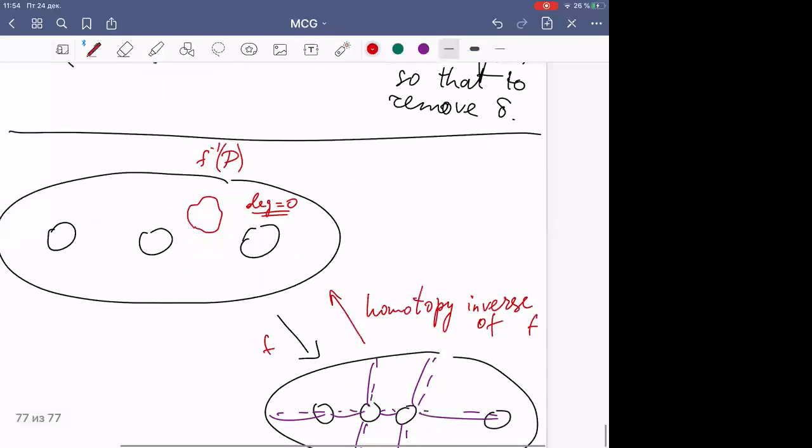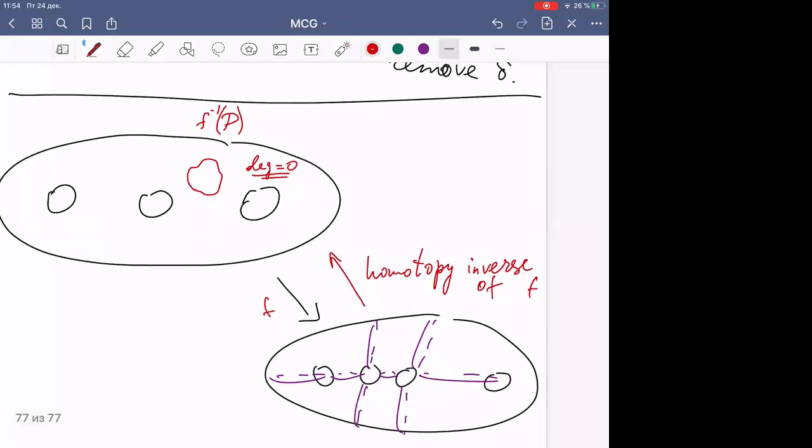And then, look, this curve becomes homotopically trivial here, since it doesn't go around this component; it maps onto this component with degree 0. So it becomes homotopically trivial here. Hence, it is also homotopically trivial there in the original curve.